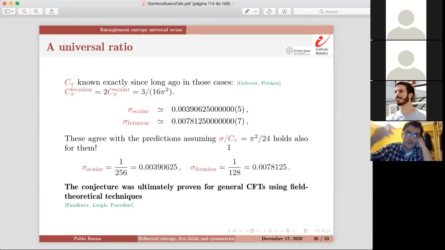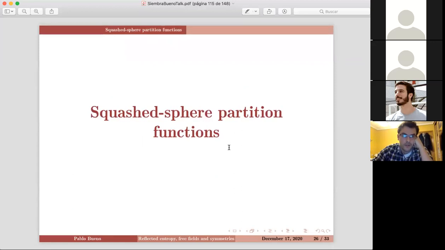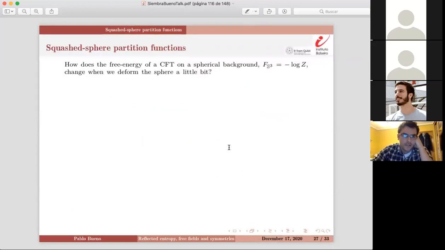So at the time we conjectured this to be valid for general CFTs based on this, and eventually this was proven by Faulkner, Leigh, and Parrikar using field theoretical techniques. So this is my first example, and let me tell you the other one, the last one.